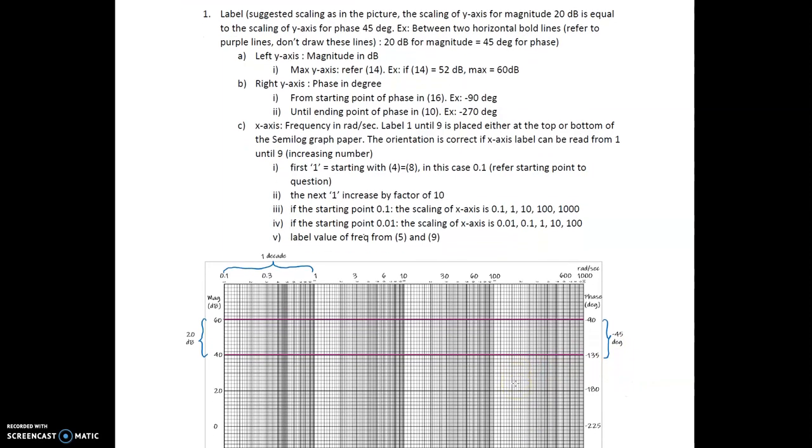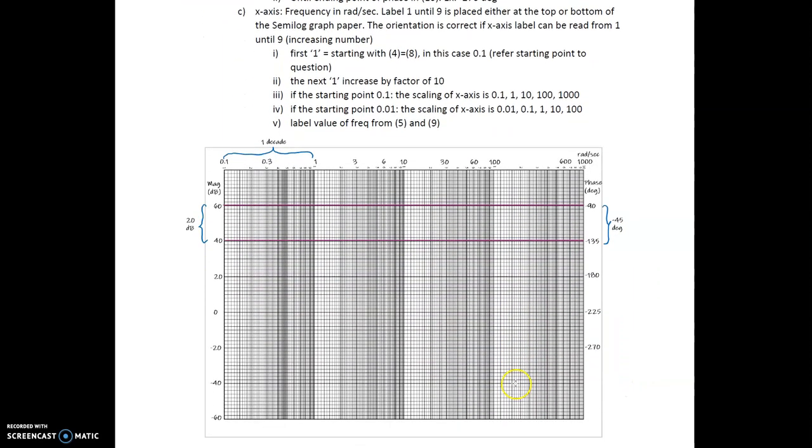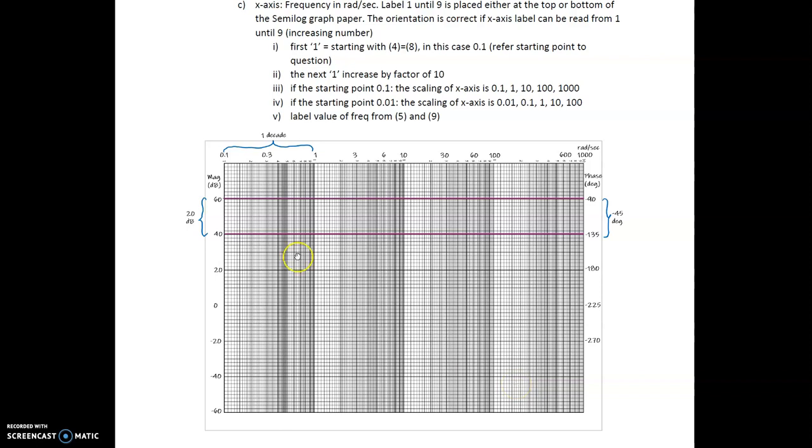Make sure the orientation of the semi-log graph paper is correct. How do you know? This is based on the x-axis label. Some semi-log graph paper labels the x-axis on the top and some at the bottom.